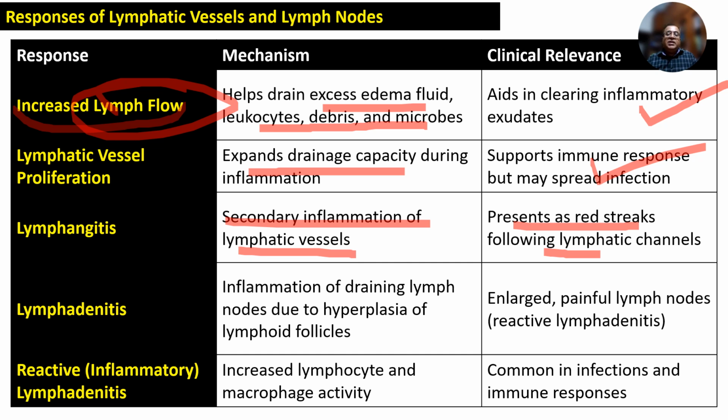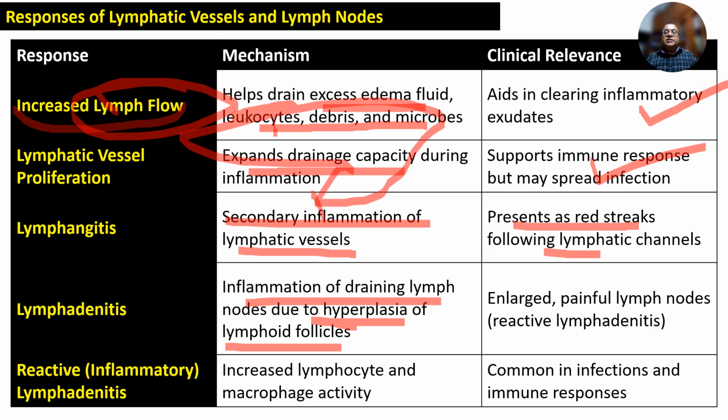Then there can be inflammation of the lymphatic gland, termed lymphadenitis, and it presents due to hyperplasia of the lymphoid follicles, as there is more draining fluid along with leukocytes, microbes and debris coming toward this lymph node. It has to be cleared away.